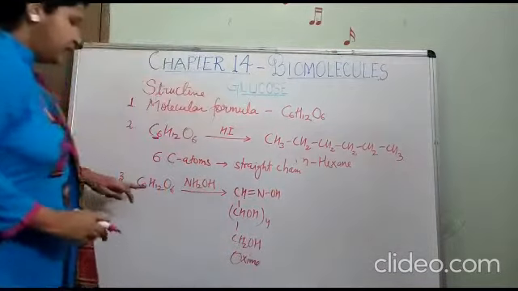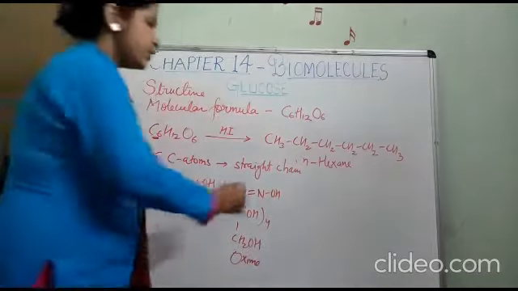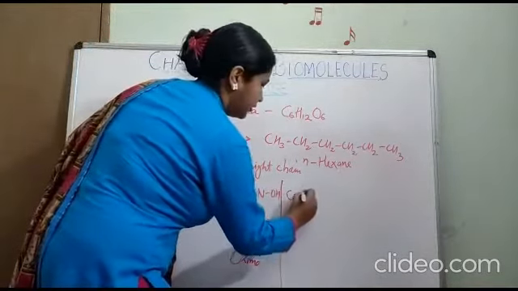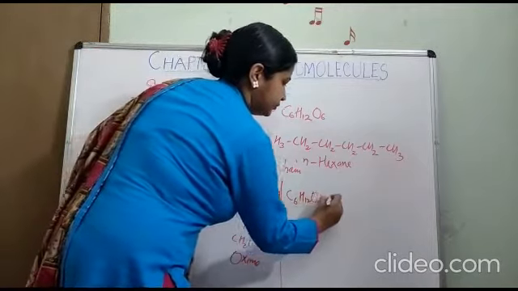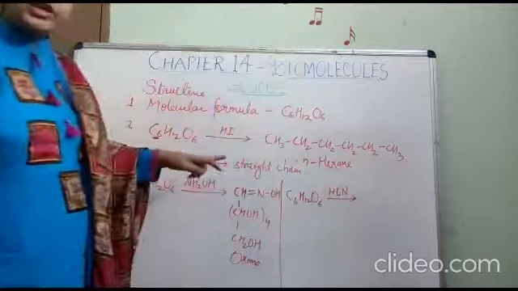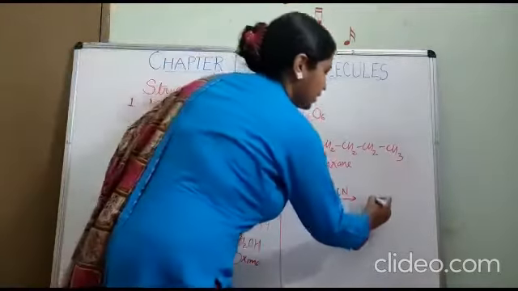Similarly, glucose when treated with hydrogen cyanide forms cyanohydrin.